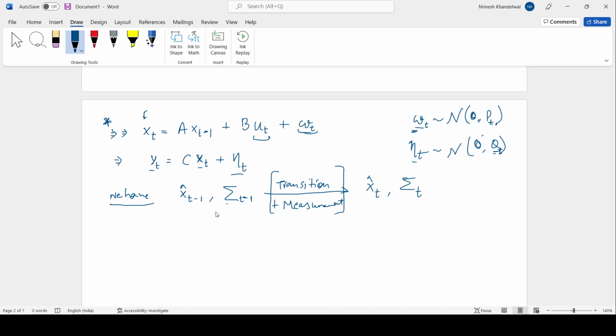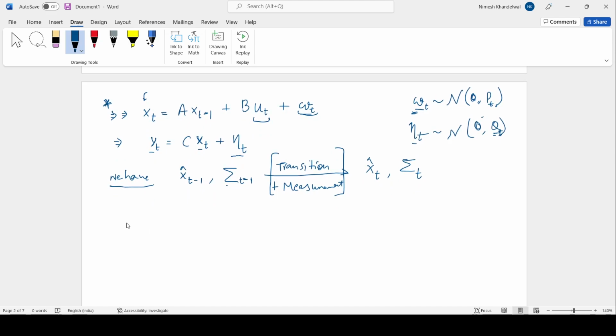Now, as always, the first step that we take is prediction. Prediction based on what? Based on the transition model.